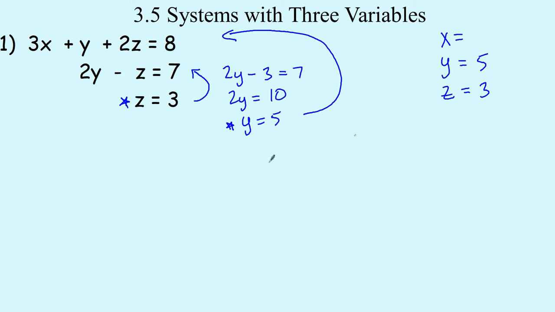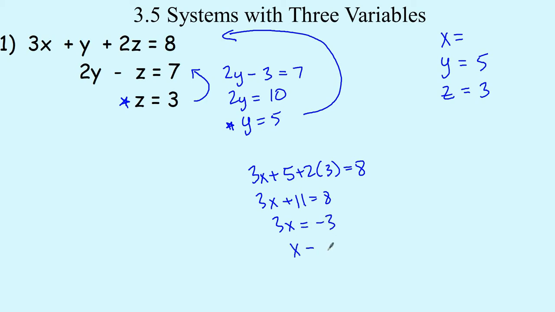So we get 3x plus 5 plus 2 times 3 equals 8. So 3x plus 5 plus 6, 11. So 3x equals negative 3, x equals negative 1. There's your answer.